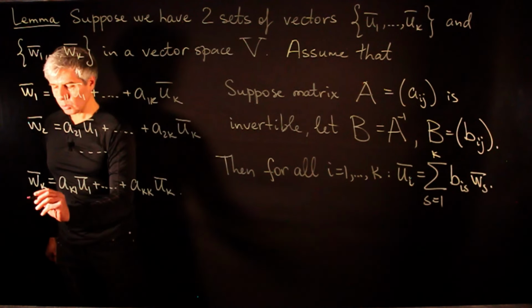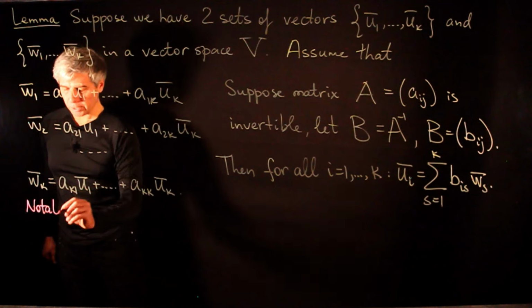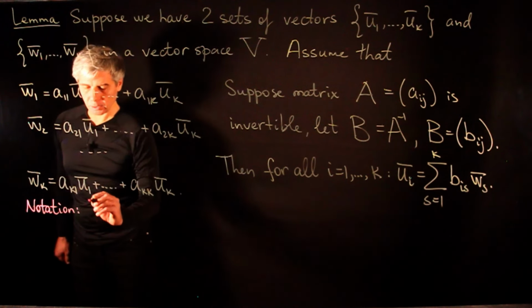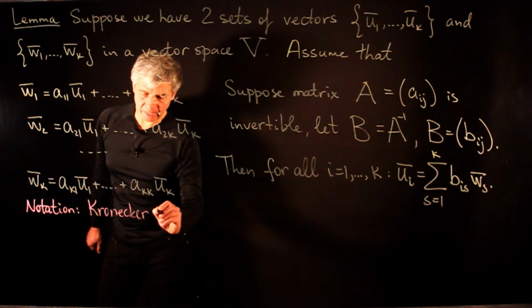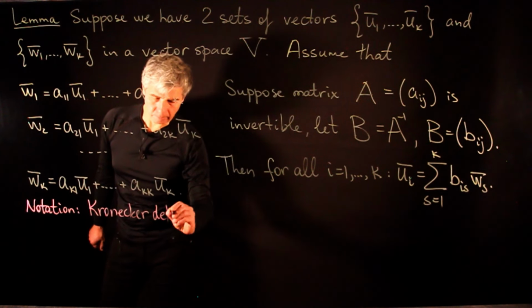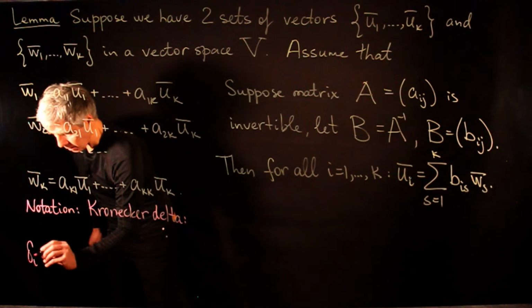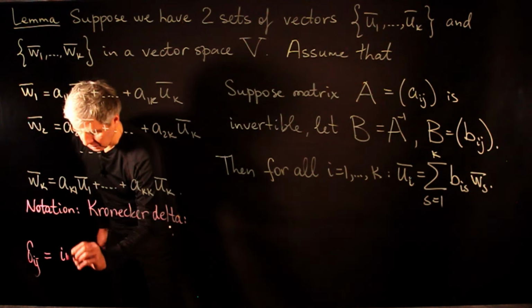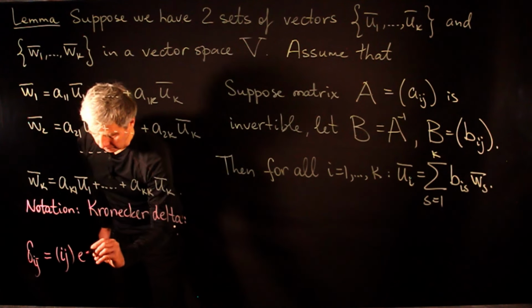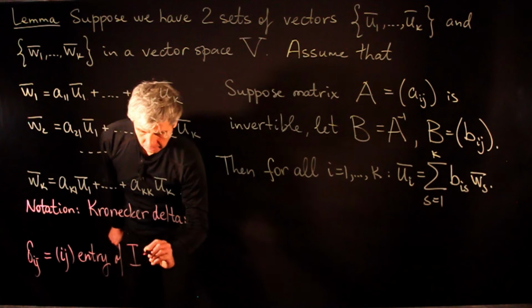Let us introduce a notation that we will be using throughout this course. This is called the Kronecker delta. Delta ij is defined as the ij entry of the identity matrix.